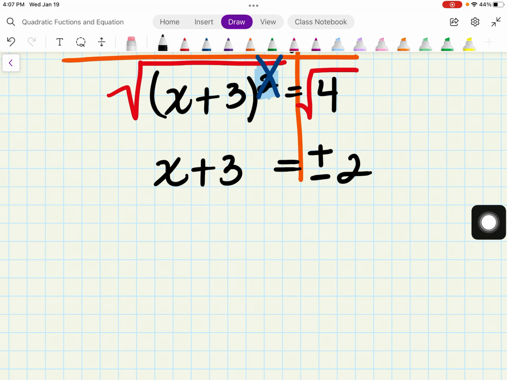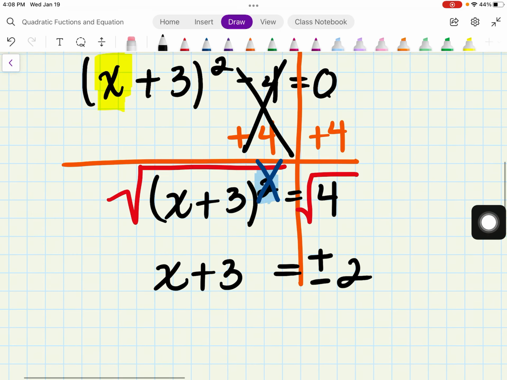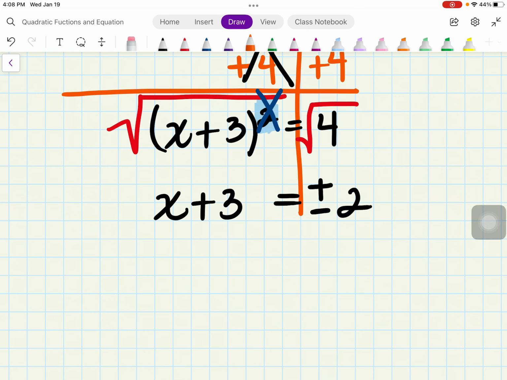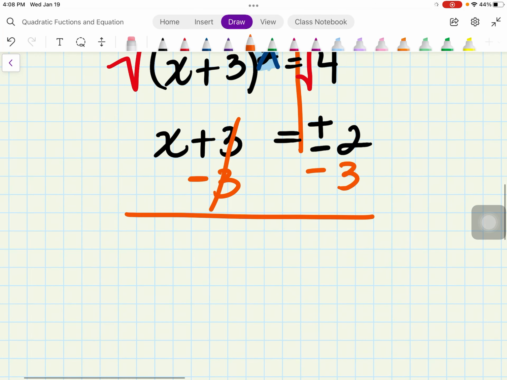So the next step, guys, is to leave the x alone once again. We want to get rid of this 3. The opposite of adding a 3 is subtracting, so let's subtract 3 from both sides.